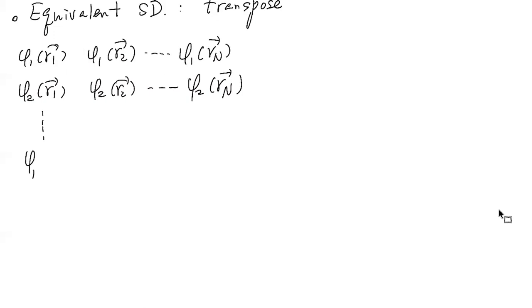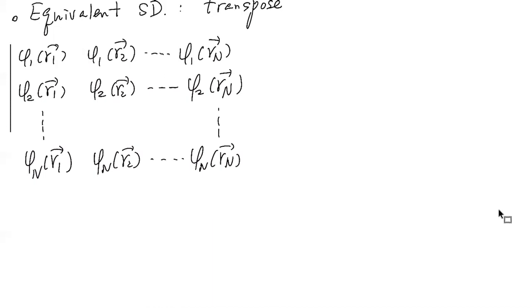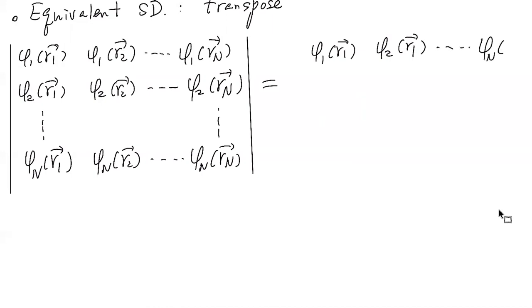The nth row is phi n R1, phi n R2, and phi n Rn. You can do a transpose. You can exchange columns with rows, right? If you exchange columns with rows, you have phi 1 R1, phi 2 R1, until phi n R1.